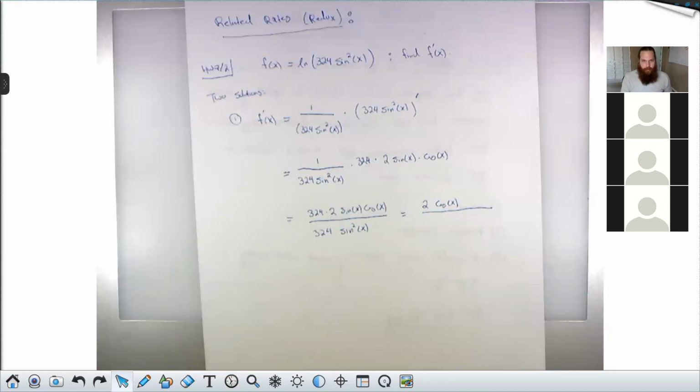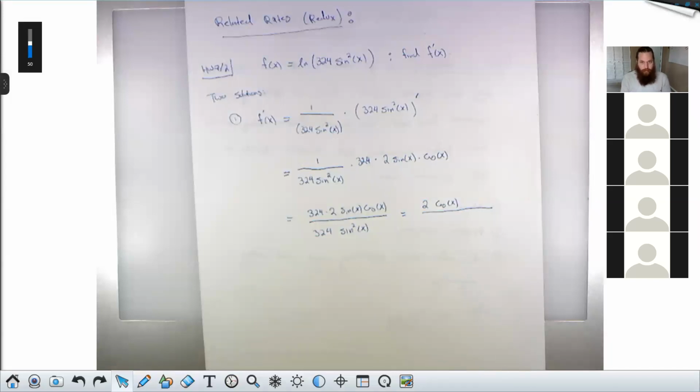So, let's come back to where we are. I have a question, Mr. P. Yes. Go ahead. Okay, so on the second part, you moved 2 sine x times cosine, correct? Are you using that one from the Pythagorean theorem? No, this is coming from the chain rule.